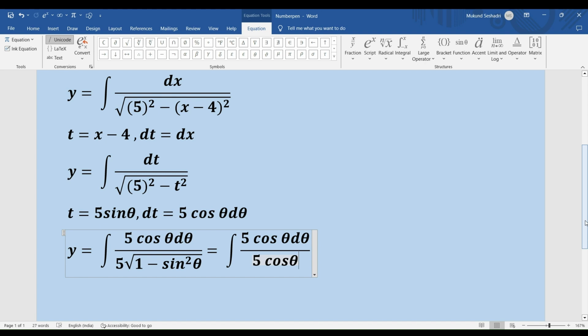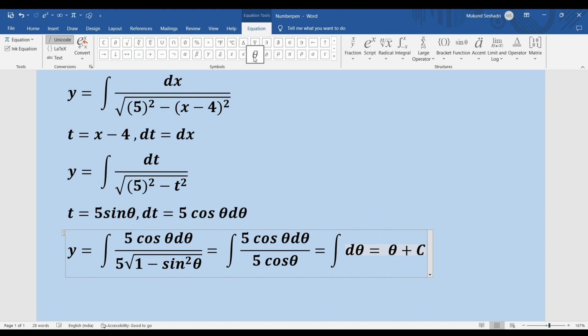So I cancel out my 5, I cancel out my cos theta, I'm left with integral of d theta, which is nothing but theta, right? So let's do that in the next step. So I have integral of d theta, which is nothing but a theta plus c, right?